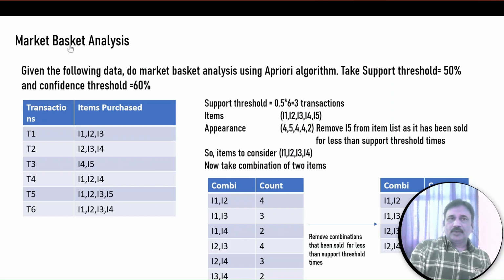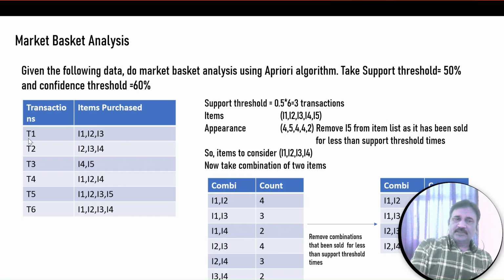We will be understanding market basket analysis by means of a short problem that will help you to understand what the big stores are doing to keep the items which are purchased together at one place. In this problem, we'll be considering 6 transactions, and we will be just considering the items which correspond to each transaction.